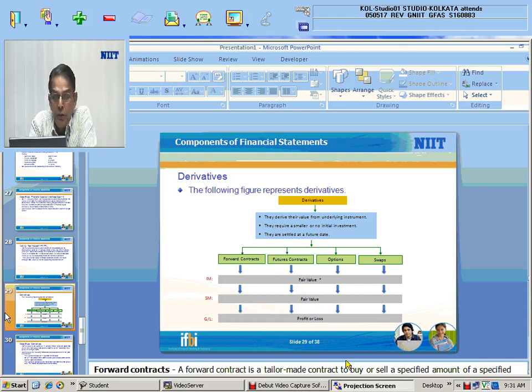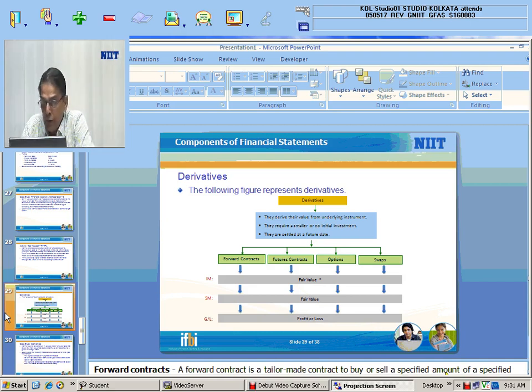It has zero fair value at the date it is entered into. So initial measurement of a financial derivative like forward will be zero. Subsequent measurement may not be zero. Subsequent measurement can be different from zero, but the initial measurement of a derivative like a forward, that means the day the contract is entered into, is zero, because it doesn't require any initial outlay.